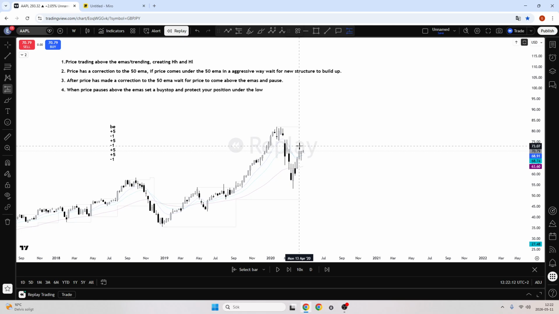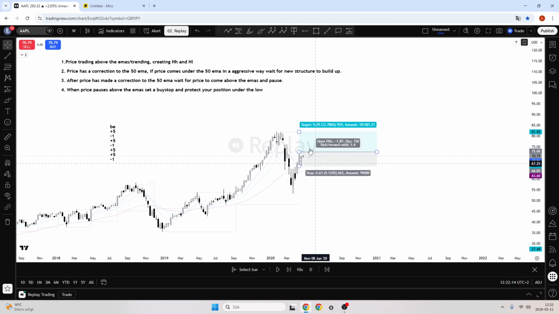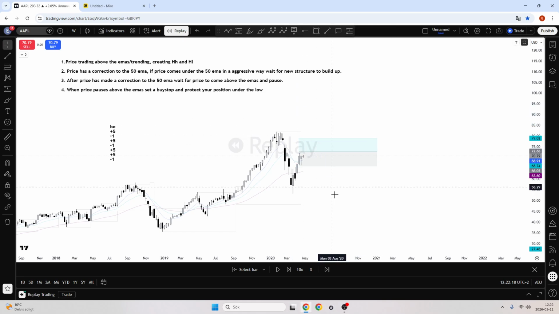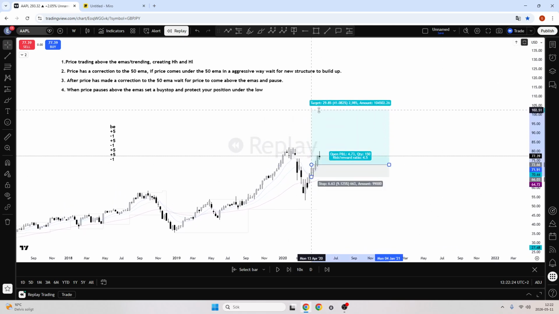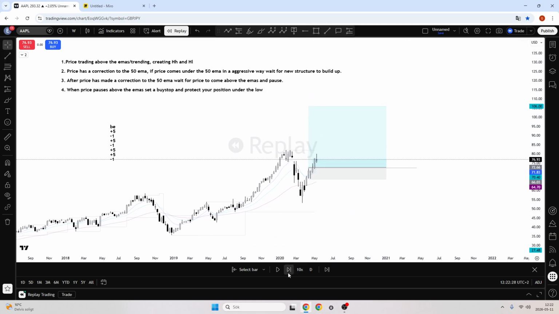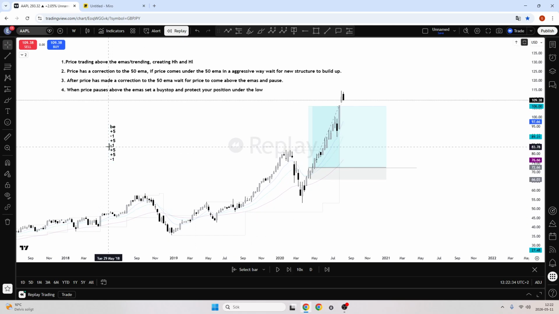I would throw a buy stop right there. Wait for my 1-to-1. Reaches 1-to-1. Look for our 1-to-5. My stop loss is at break even, or no risk on the table. Reaches 1-to-5.